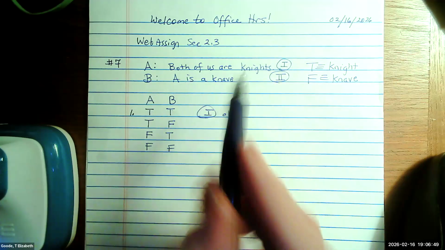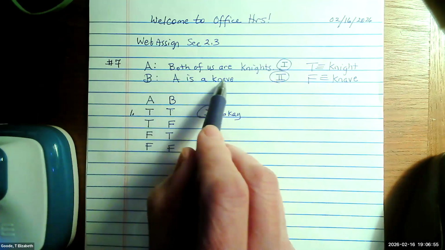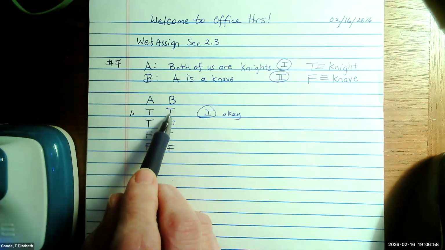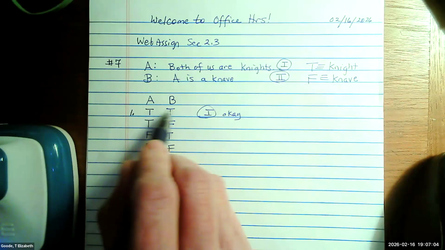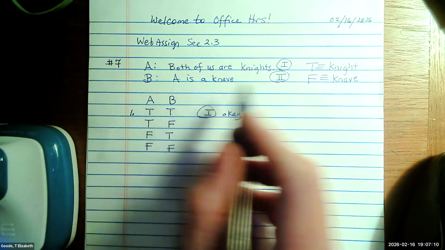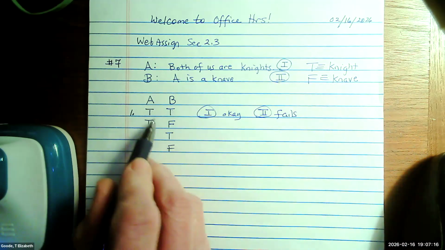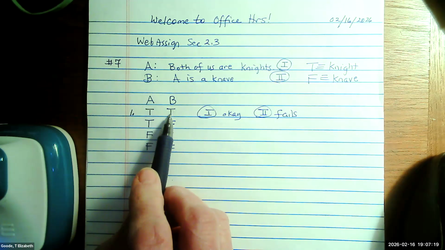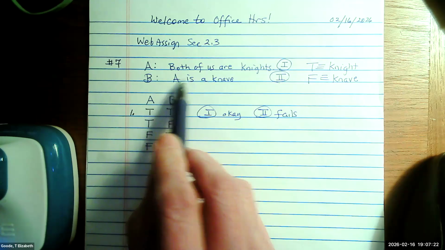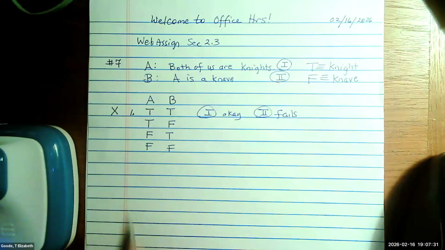But B has to be telling the truth, and B says A is a knave. So statement 2 can't possibly work out in row 1, because if B is telling the truth, then it's true that A is a knave, but A is a knight in row one. You see? So row one can't possibly be what's going on.